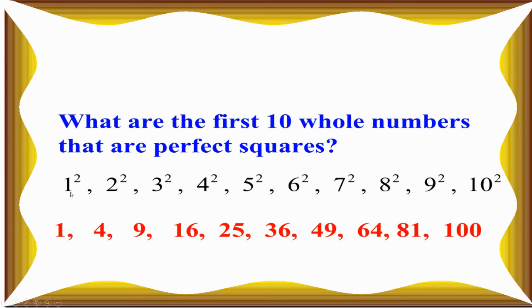So it comes from 1 squared, 1, 2 squared, 4, 3 squared, 9, 4 squared, 16, because 4 times 4 is 16. 5 squared is 25, because 5 times 5 is 25, and so on.